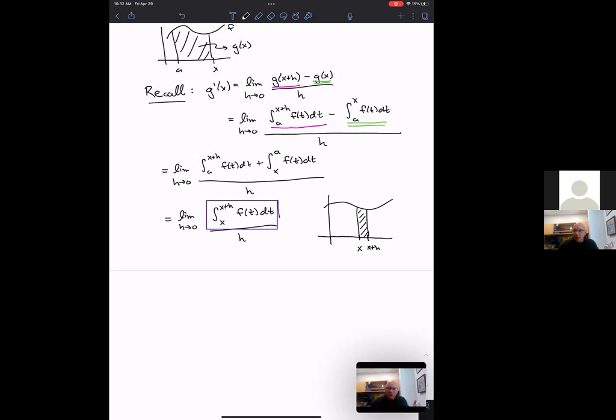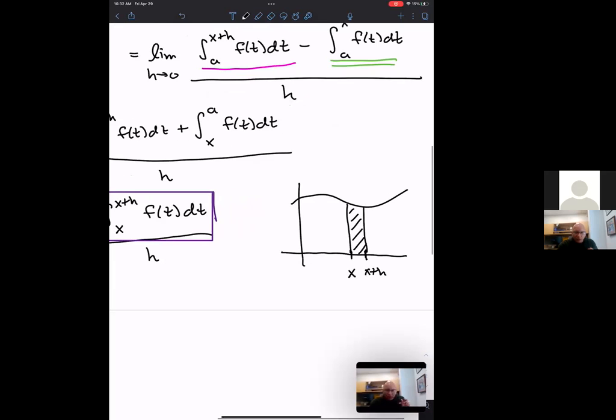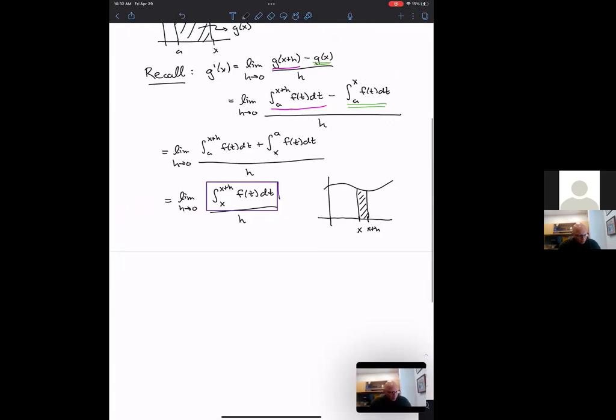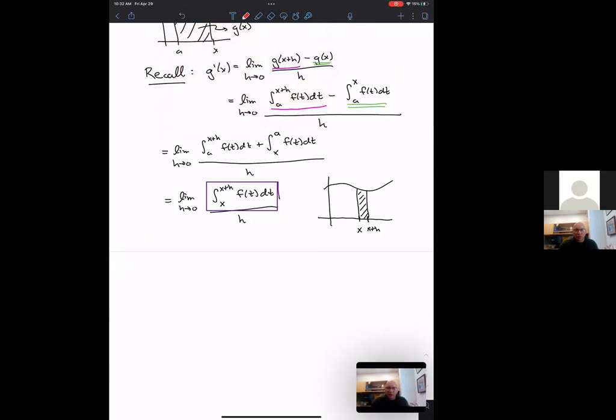What's interesting that I notice is that x and x plus h are very, very close to each other. The closer they are together, the skinnier this little rectangle becomes, right? So I'm going to make an observation. This is the one moment of this explanation which is no longer rigorous, but at least will help us understand why this result is still true.